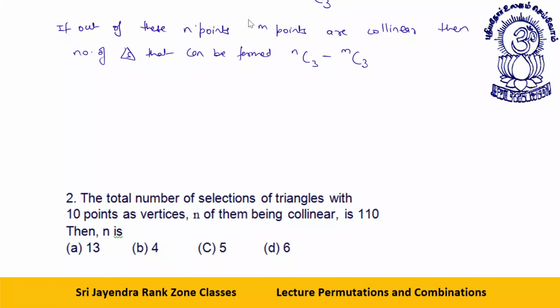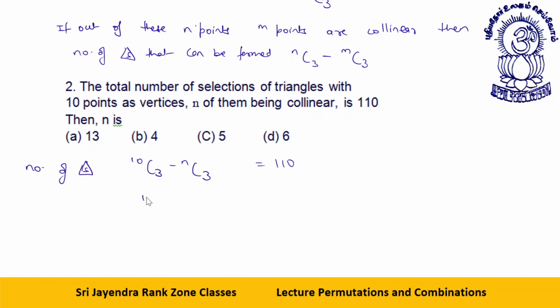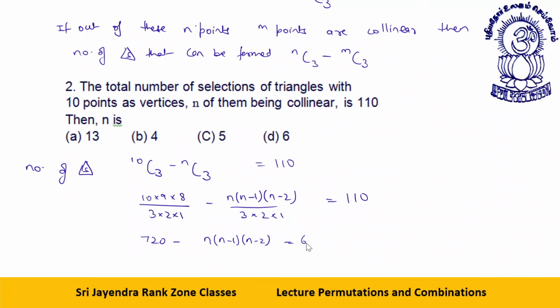Now on the basis of this, 10C3 is like 10 into 9 into 8 divided by 3 into 2 into 1, which is 120. nC3 is n into n minus 1 into n minus 2 divided by 3 into 2 into 1. So 10 into 9 into 8 is 720. 720 minus n into n minus 1 into n minus 2 is equal to 6 into 110, which is 660.